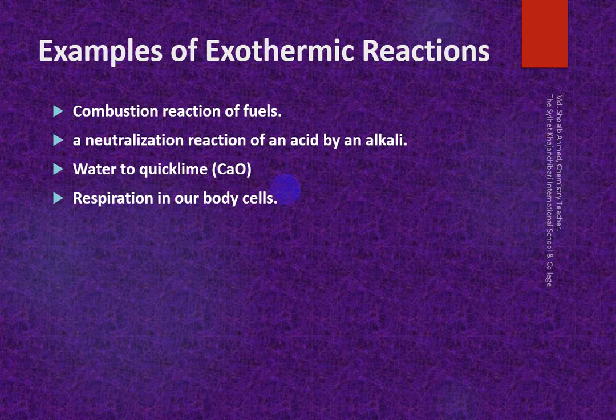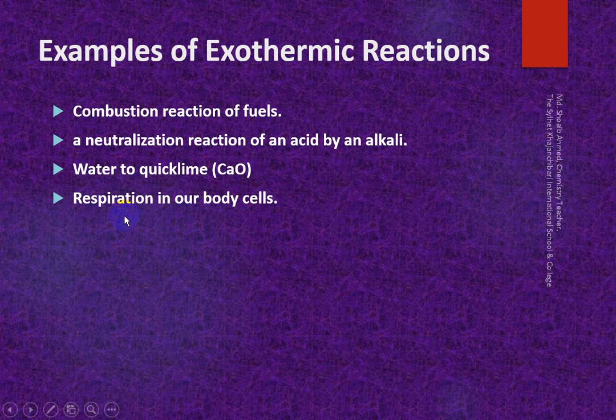And the respiration reaction in our body cells. We take food, and we also inhale oxygen. This food is digested in the presence of oxygen and produces heat, so heat is released to the surrounding.